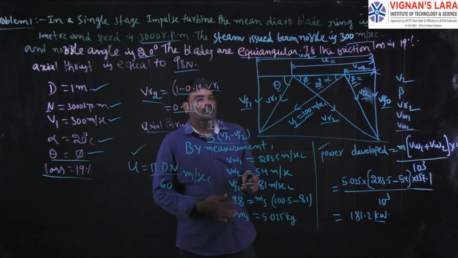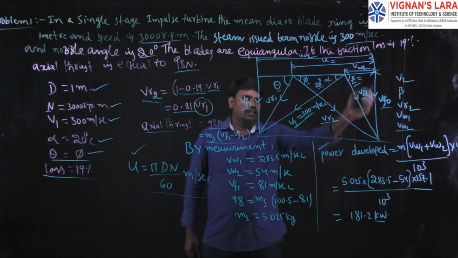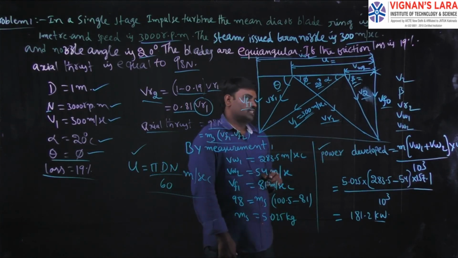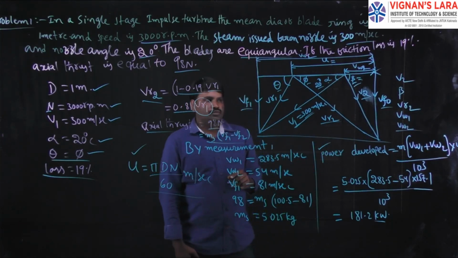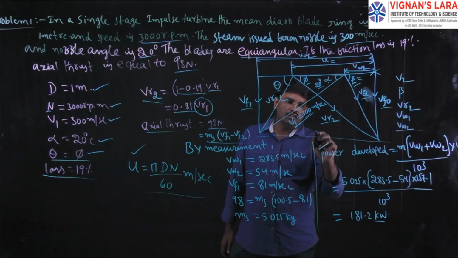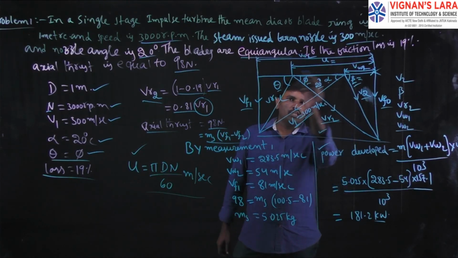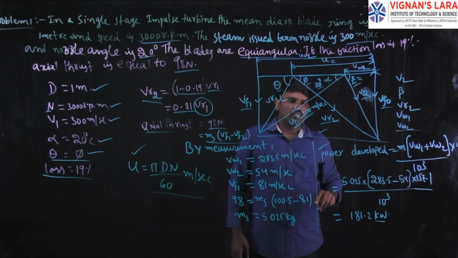Like that you have to take the scale and complete the drawing of the combined velocity triangle. After that you can easily measure every velocity and every angle in the combined velocity triangle.